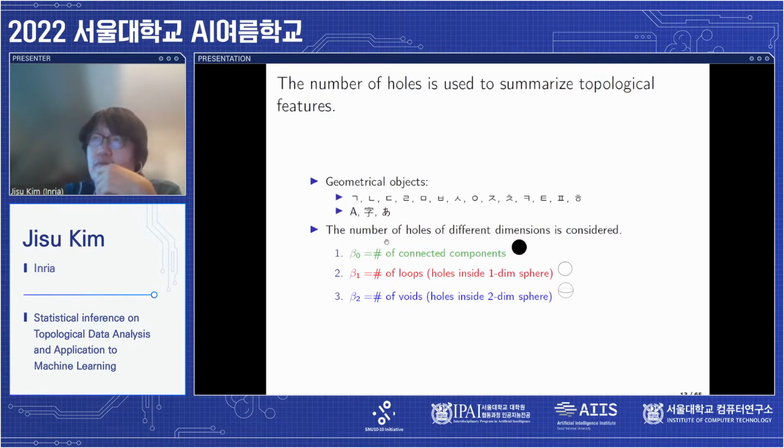And for doing that, we focus on the number of holes of different dimensions. The hole of dimension 0 is the connected components, and the hole of dimension 1 is a loop, and the hole of dimension 2 is a void. And here the objects are in 2D, so we'll observe either the connected components or the loops here.